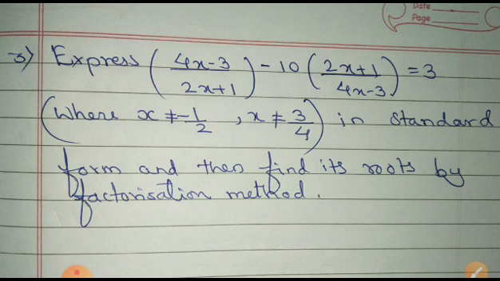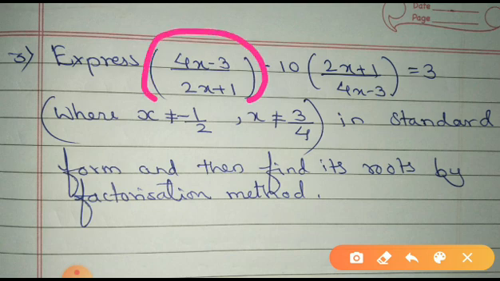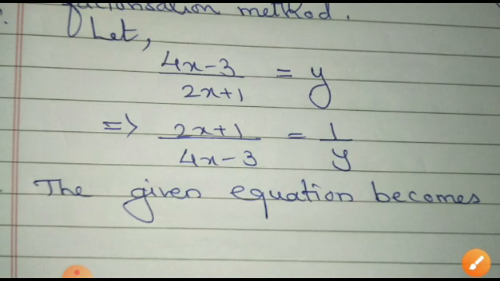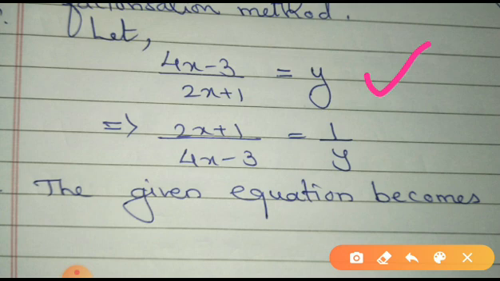Clear? So in the second method, what we are going to do is, let 4x minus 3 by 2x plus 1 be taken as a variable. Suppose that variable is equal to y. That means the other term, 2x plus 1 by 4x minus 3, will be 1 by y.